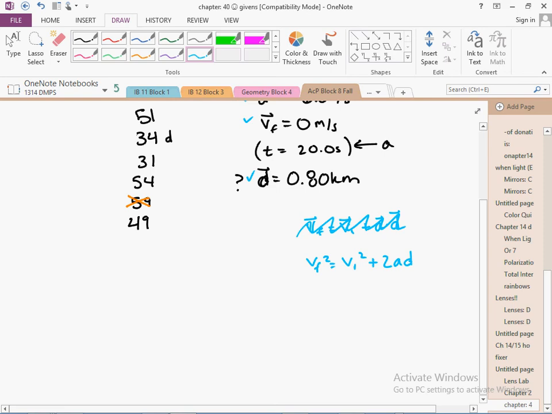Well, I would too, but here's the thing, Ben: if you're taking a test and you don't have the answers to check with, then what if you typed in the acceleration wrong, like moving over the decimal by 1? You know what I'm saying? Then this is going to be totally wrong, and your answer is going to be even crazier wrong. Does that make sense? So I would recommend that you use the thing that doesn't use any other information. But if you did it right, then you will get full credit.